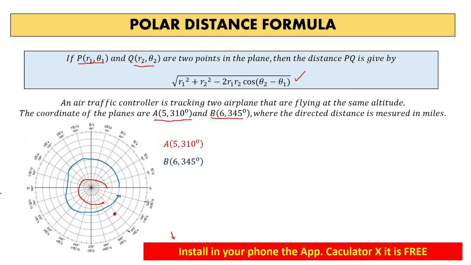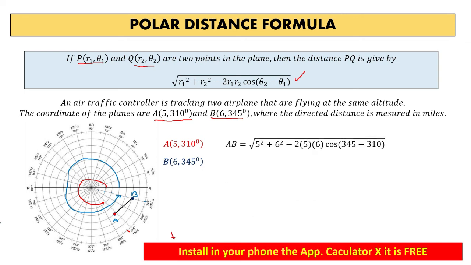You count 1, 2, 3, 4, 5, and 6. Now when you plot it, this is the point. And now you need to find the distance from the point A, this is A, and this is the point B. You need to find the measure of the segment.